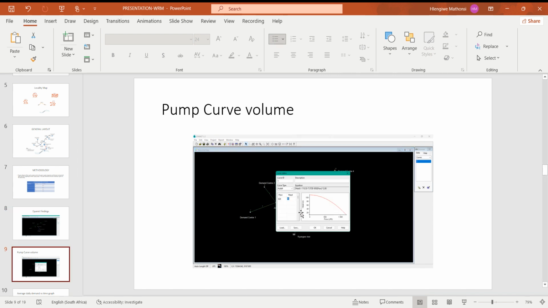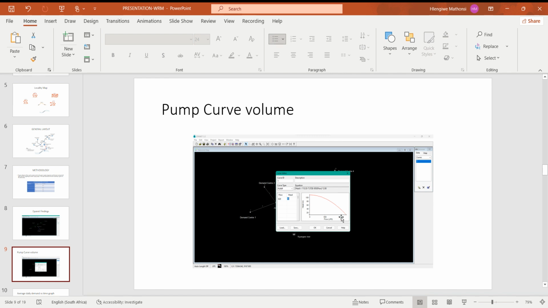Once I uploaded all the elevations and named all my pipes, I ensured that all the pipe sizes were the correct sizes that will ensure that the run of my network distribution is successful.